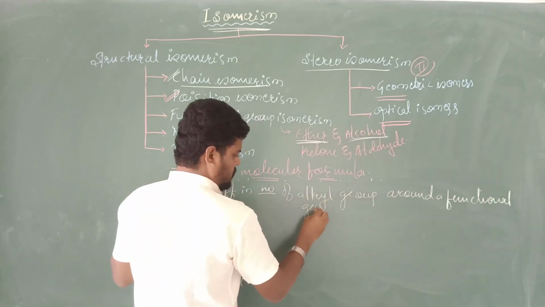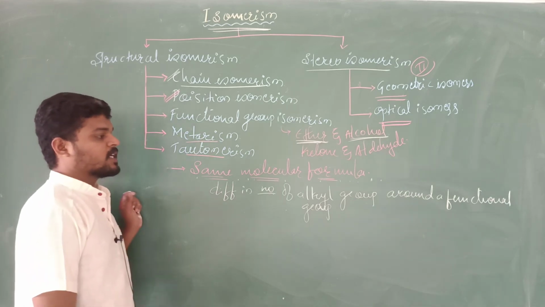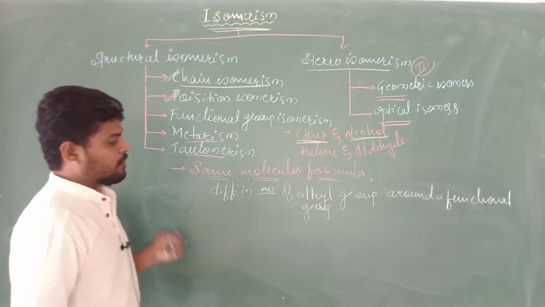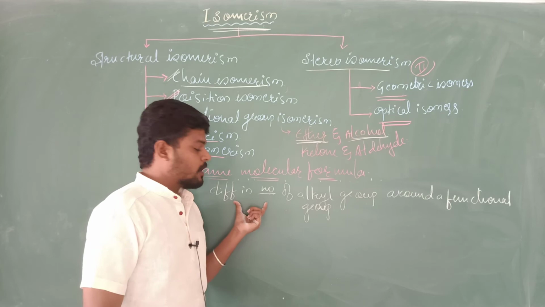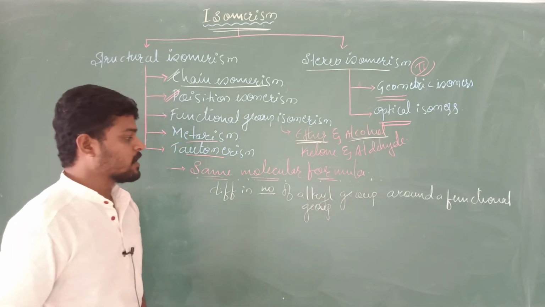That is, they differ in the distribution of the number of alkyl groups around the functional group.